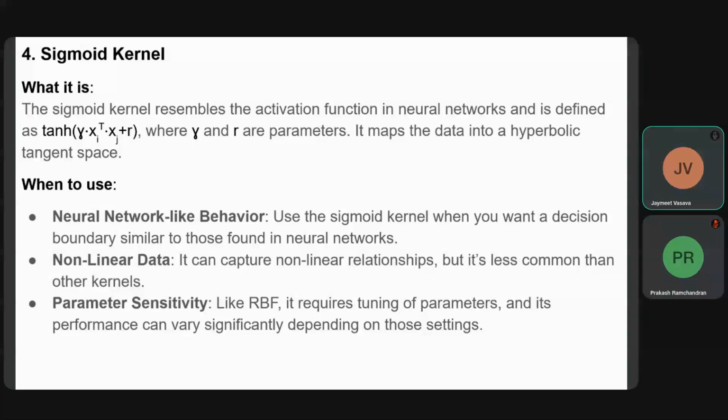It can capture non-linear data relationships, but it's less common than other kernels. And parameter sensitivity, like the RBF had parameter sensitivity. It requires tuning of parameters, and the performance can vary depending on those settings.